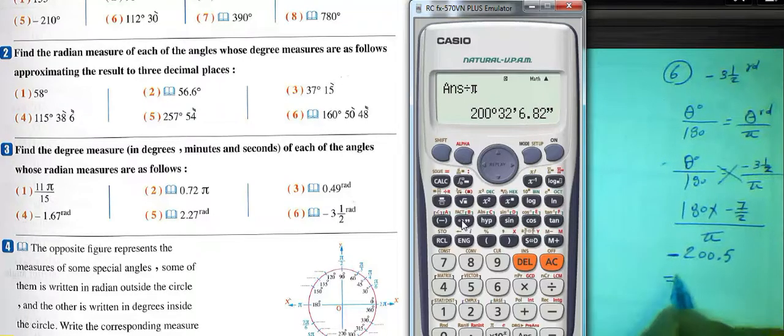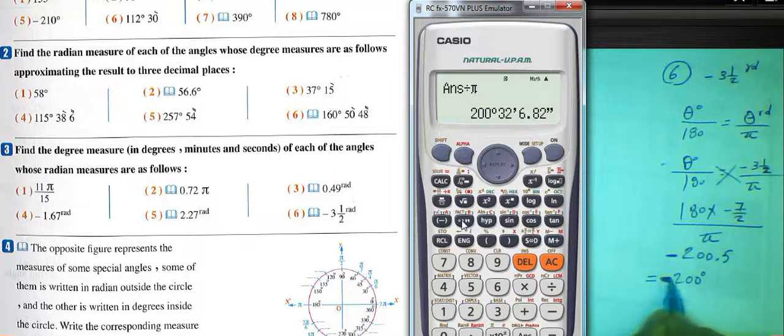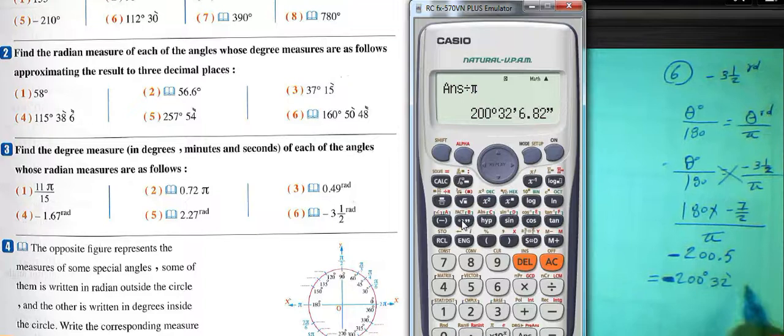Negative 200 degrees, 32 minutes, 6 seconds.